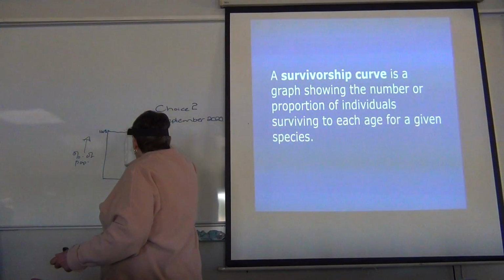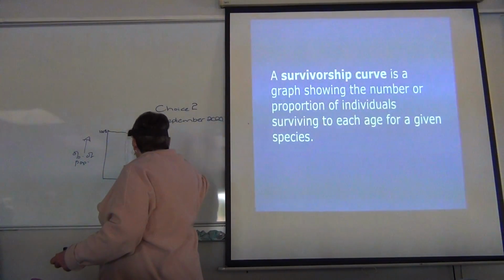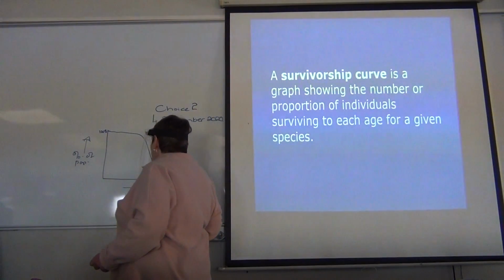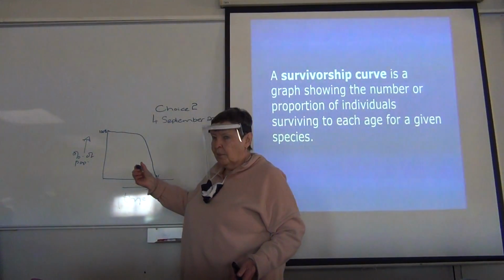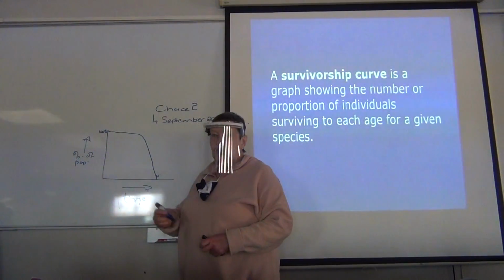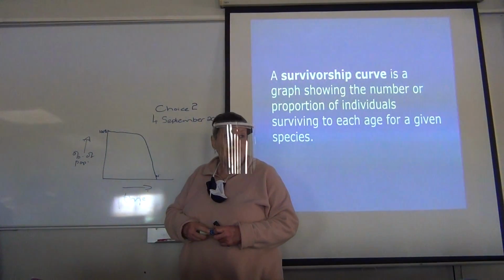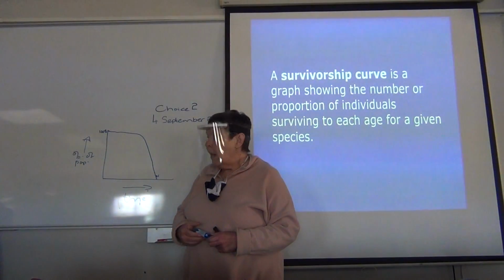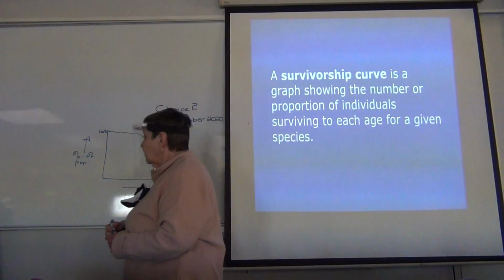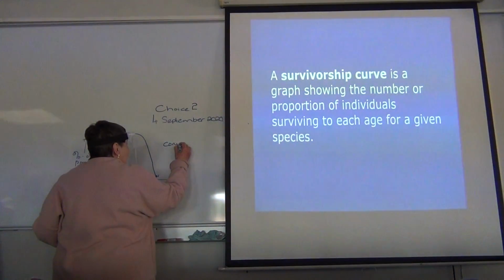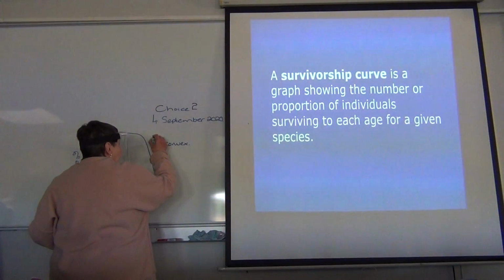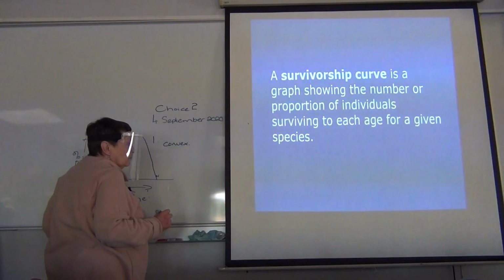Some of them start dying off in middle age, and then some of them live till they're 95. You okay with that? So that is what is referred to as a survivorship curve. This particular shape of survivorship curve is a convex survivorship curve, and it's a type 1.